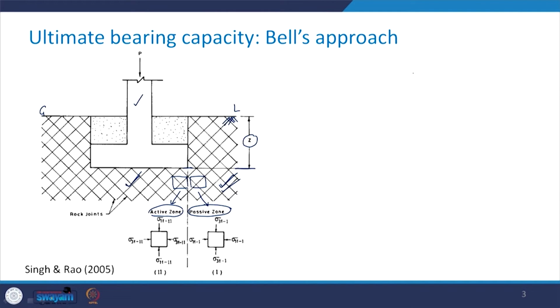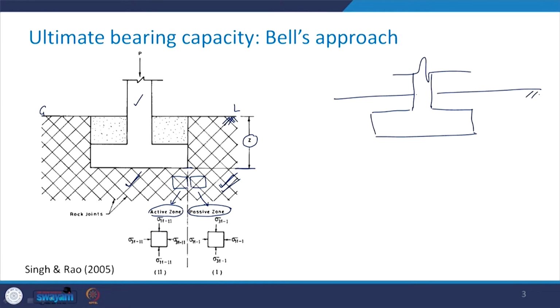So, I redraw this footing here. This is your footing, and it is there at a depth of z, and these are the zones. Here you have the active zone and here you have the passive zone, and these are all rock mass.